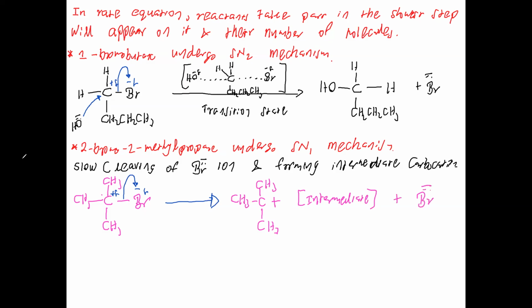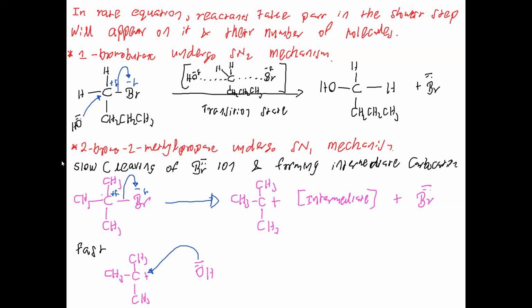Then the second step is very fast. Why is the second step fast? Now there is attraction between the intermediate carbocation and the OH minus ion. So we have CH3, C, CH3, CH3 plus, and OH minus ion. OH minus ion will donate its electron pair towards the plus charge on this carbon atom and form the bond.